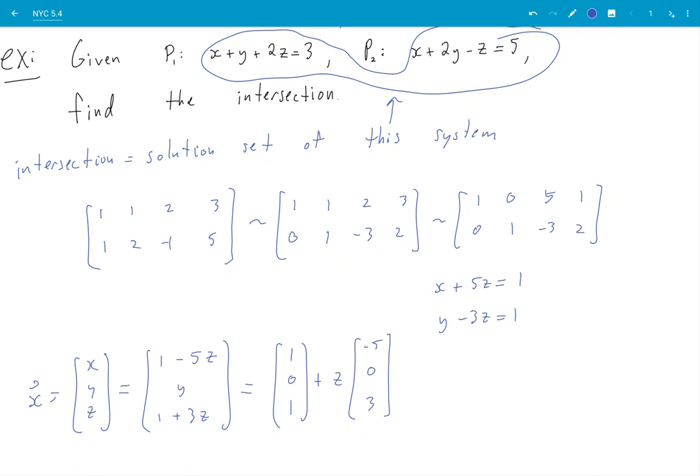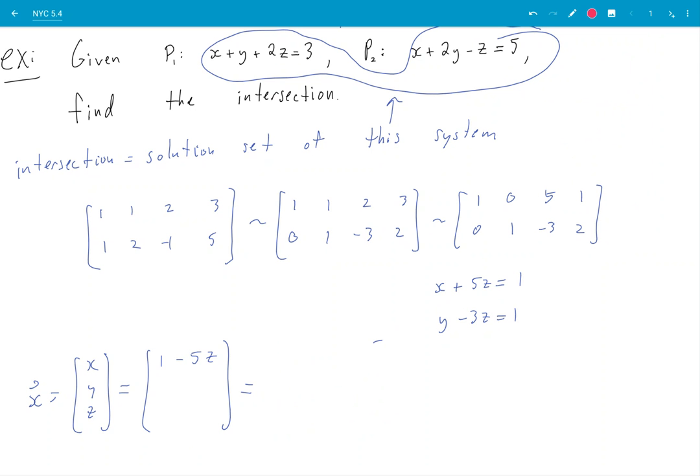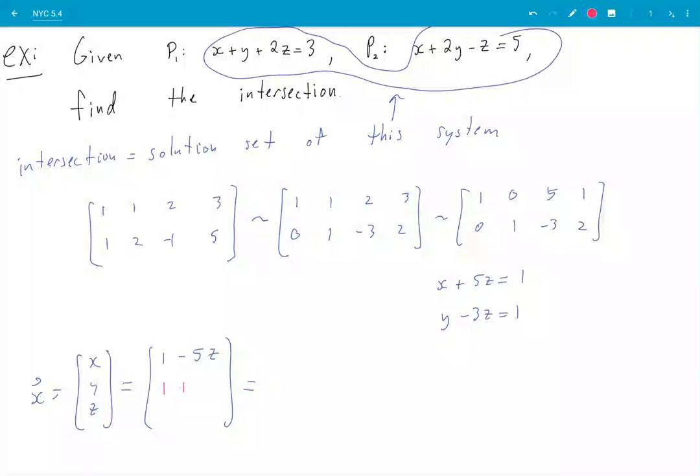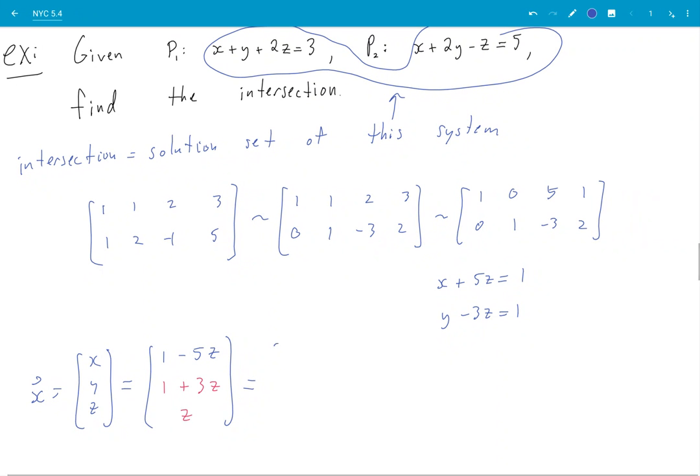Oh, I screwed up down here, didn't I? Sorry about that. Correction incoming. So my mistake was y is equal to 1 plus 3z. You probably picked up on that quicker than I did. Okay, that's more like it.